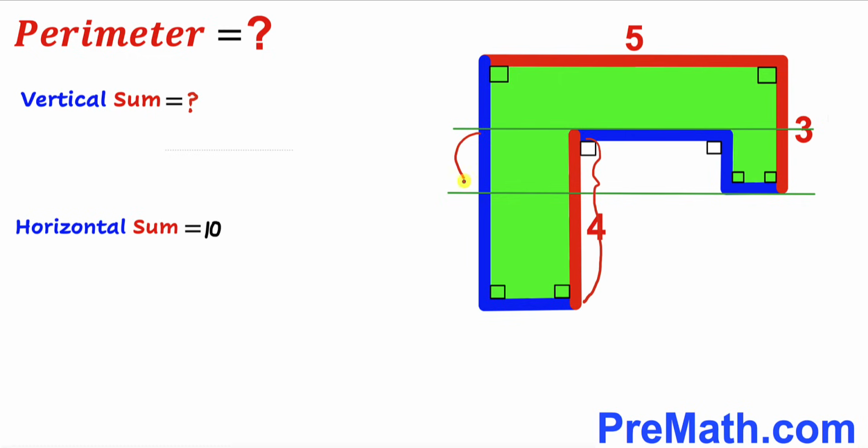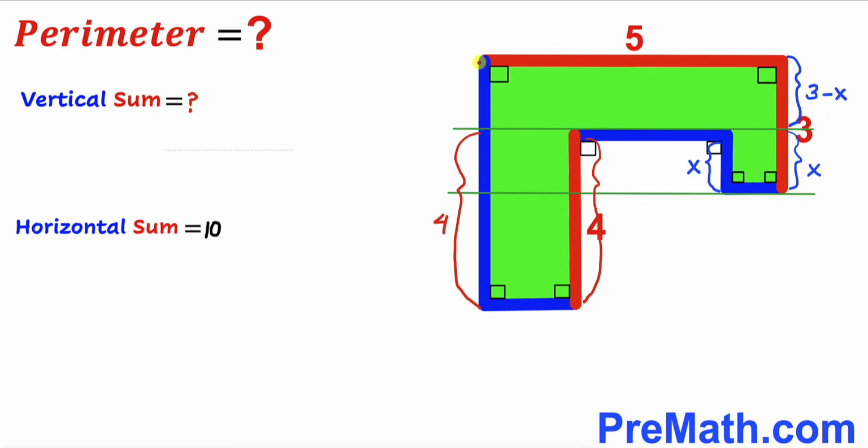So this segment length is going to be 4 units as well. If I label this segment length as x, then this segment length is going to be x as well. So this remaining segment length is going to be 3 minus x.